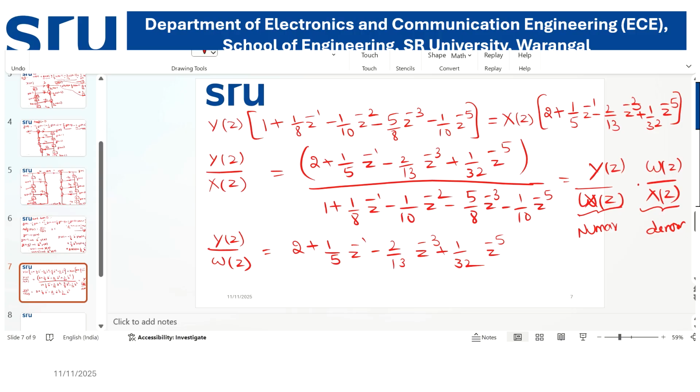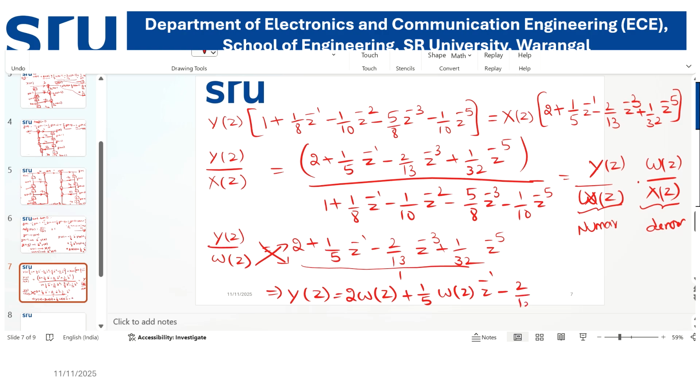Now cross multiply on both sides. So this is divided by 1, right? So if I cross multiply, then Y(z) becomes 2 into W(z) plus 1 by 5 W(z) into z^-1 minus 2 by 13 z^-3 into W(z) plus 1 by 32 z^-5 into W(z).